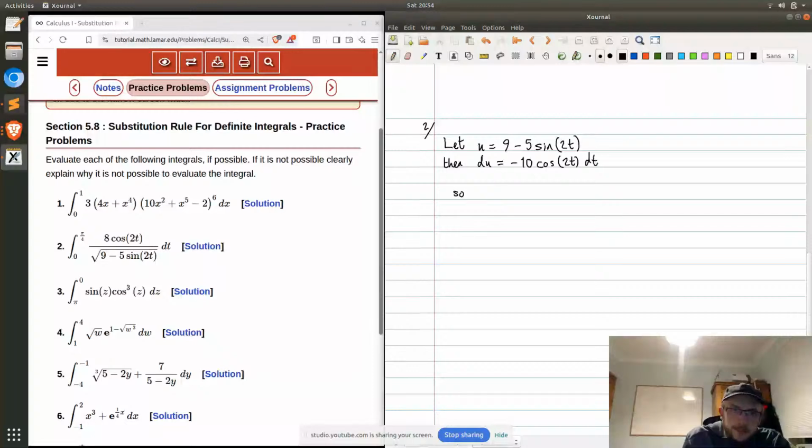But I want it to say 8 cosine of 2t. So what I'm going to do is divide it by minus 10 and then times it by 8. Just like that.